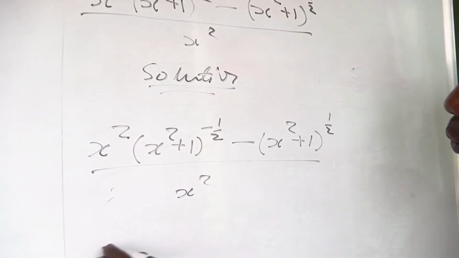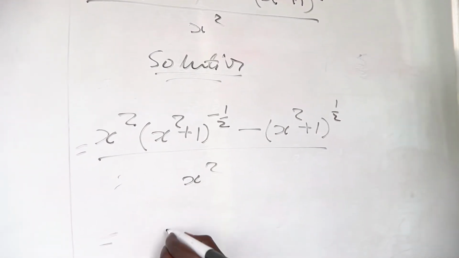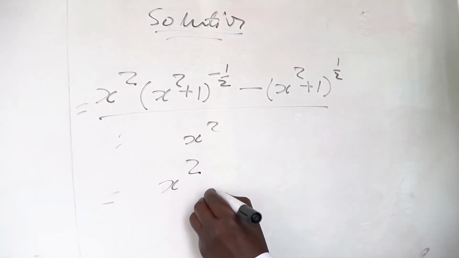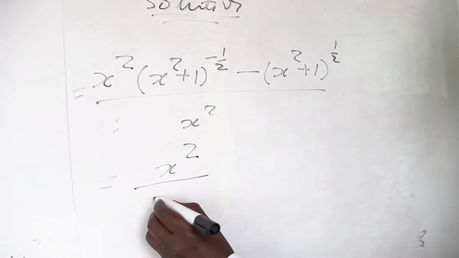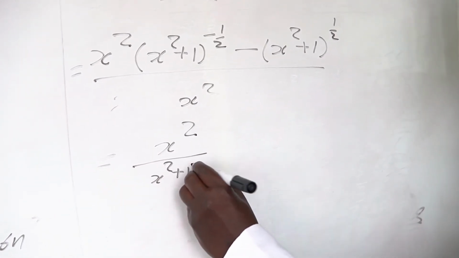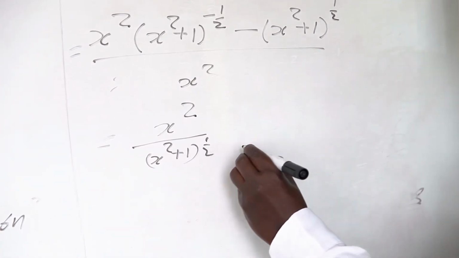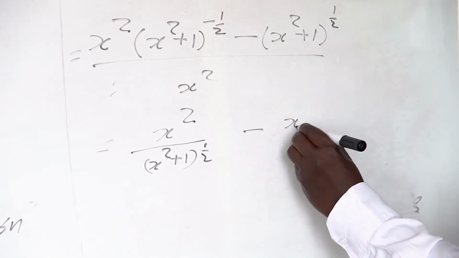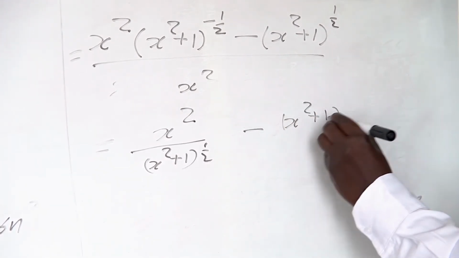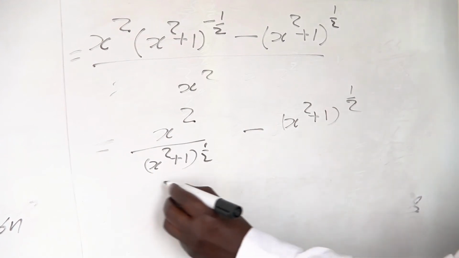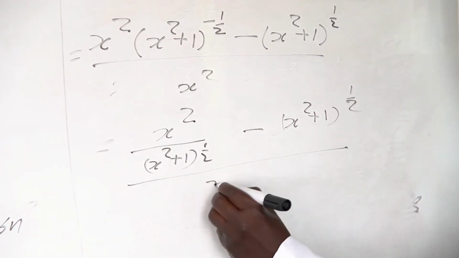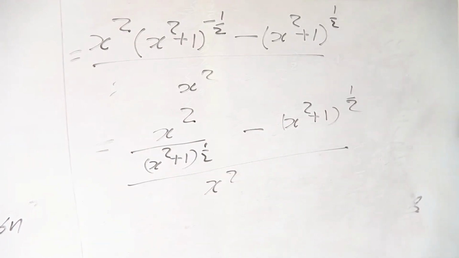This will equal x squared divided by x squared plus 1 power half, minus x squared plus 1 power 1 over 2, the whole lot divided by x squared.